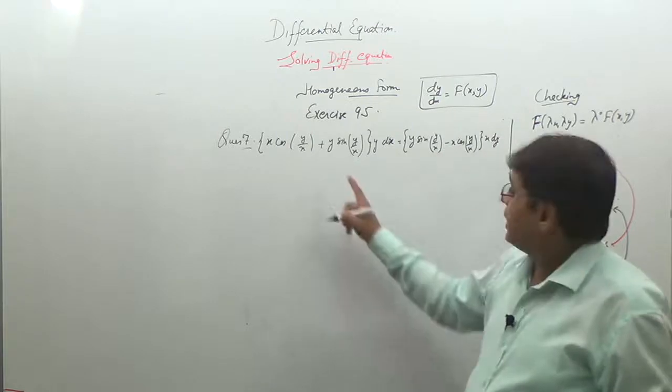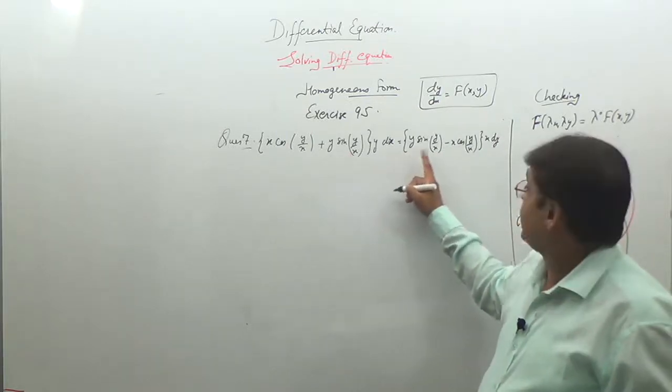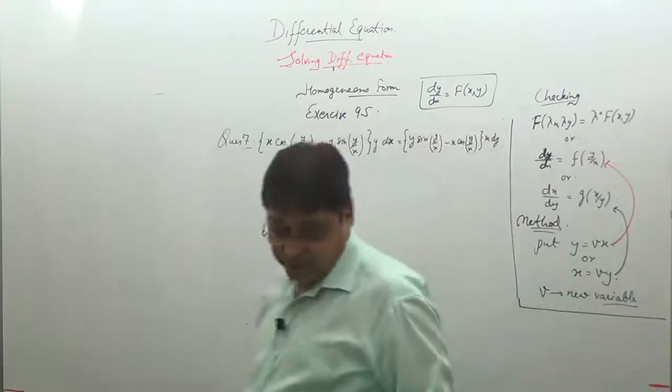That is, x cos y upon x plus y sin y upon x into y dx is equal to y sin y upon x minus x cos y upon x into x dy.